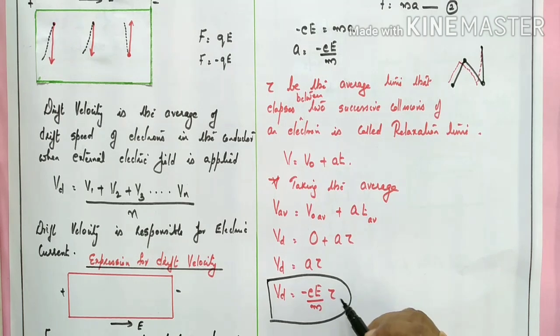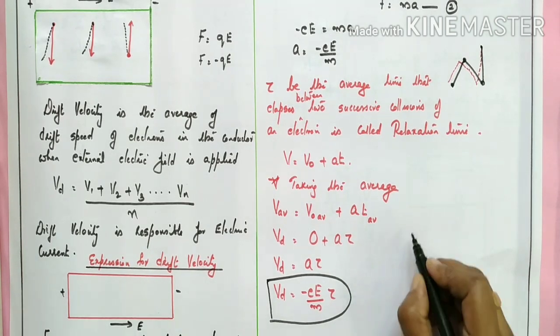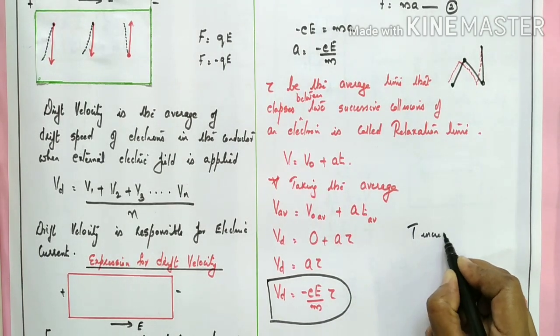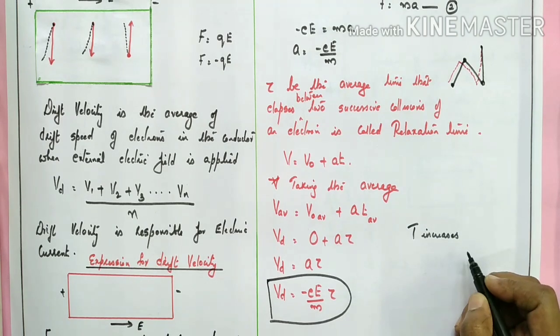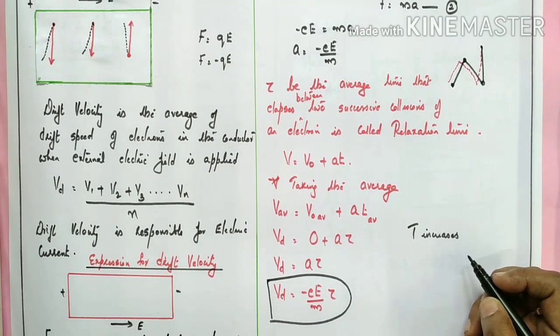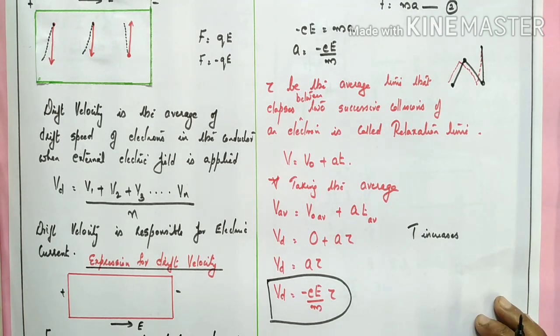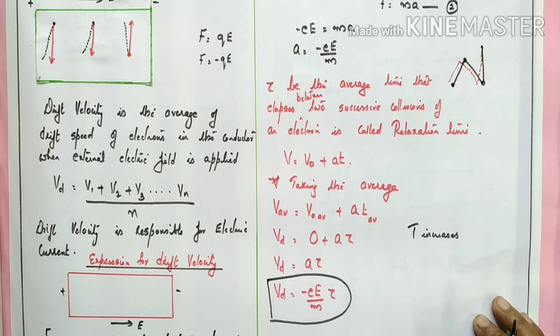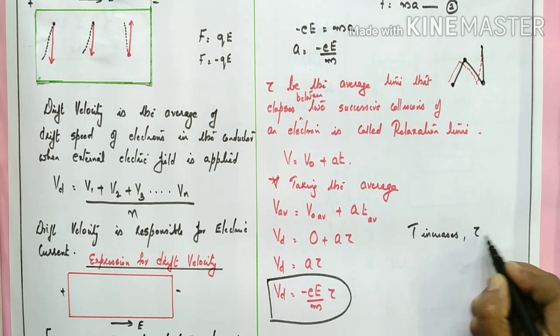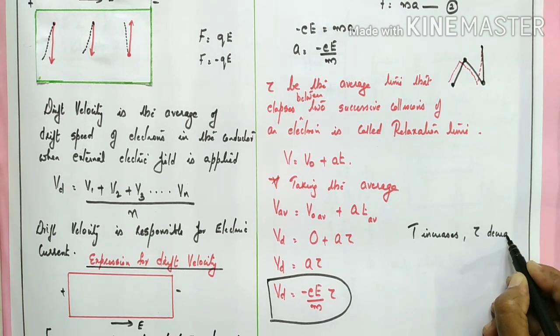Now, if the temperature increases, what happens to the collisions? Collisions will increase. As temperature increases, the electrons move in random directions, and hence the time between successive collisions decreases. The collisions take place faster. Therefore, as temperature increases, relaxation time decreases.